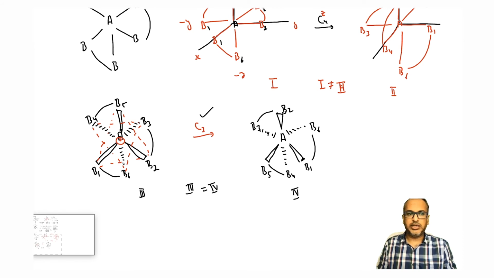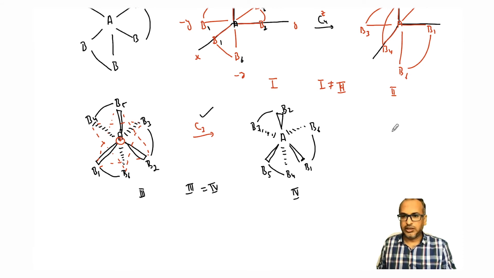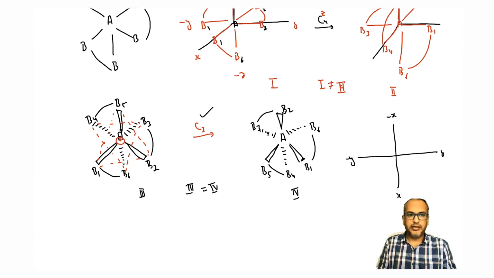How do I draw my z-axis along the C3 axis? If I'm looking from the top, something like this, this is my x, y, minus x, minus y, and this is at the origin, my central atom.